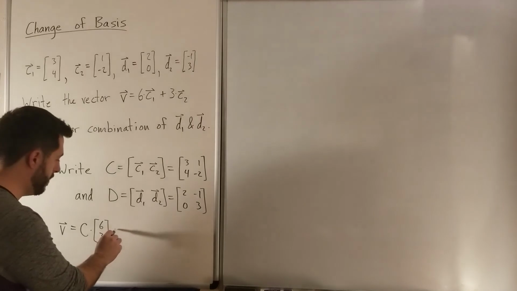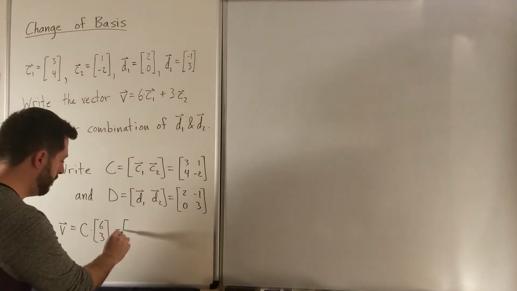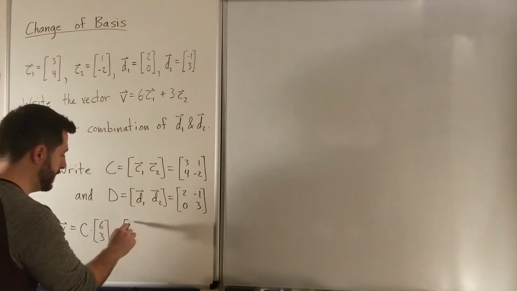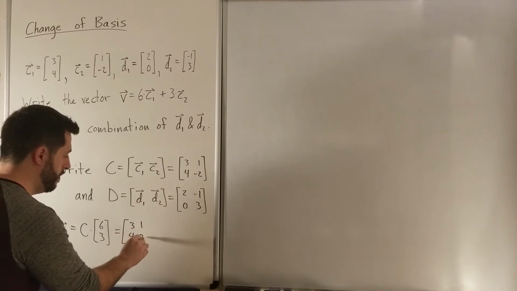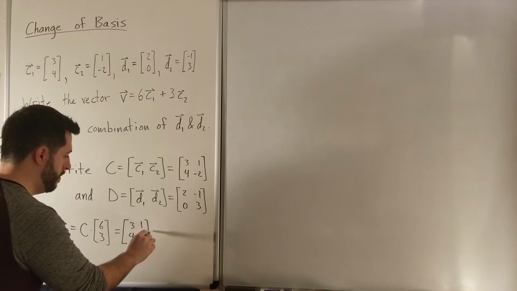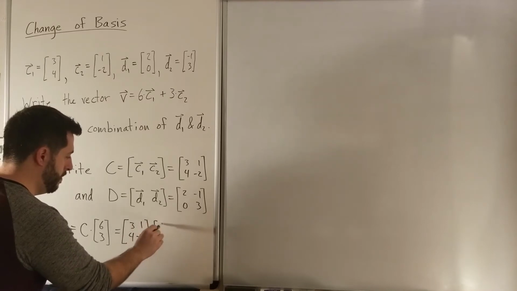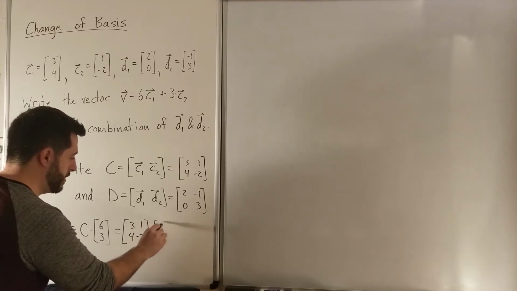So let's go ahead and write that out. So C is this matrix times 6, 3.